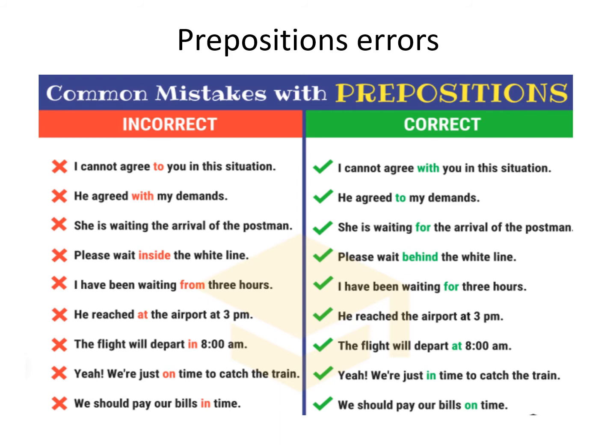We are just on time to catch the train. No, it's the wrong way. We are just in time to catch the train. And we should pay our bills on time. Can you see what is the difference between on and in in the last two sentences? In time means at the nick of time, the last stage: the train is going to depart, and finally we reached there.